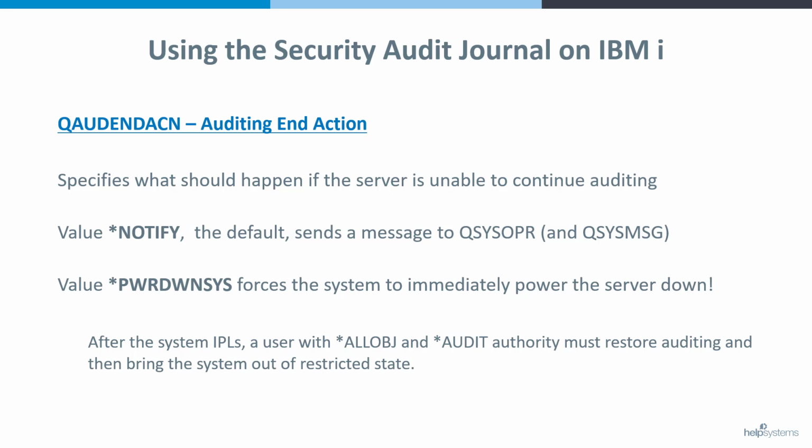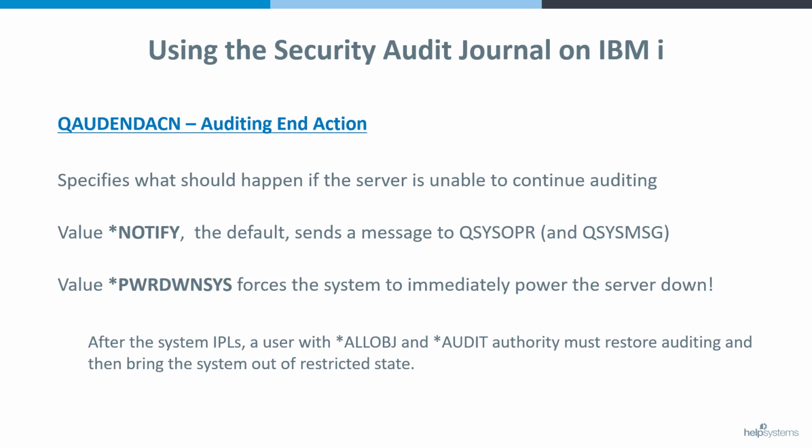If you designate the stricter *PWRDWNSYS option, as its name suggests, this forces the system to immediately go into a power down initiative. Now again, most shops are going to be satisfied with sending a message to QSysOper, especially if you have some type of messaging monitoring automation over your QSysOper queue, something like Robot or Halcyon that will bring that notification to your attention.